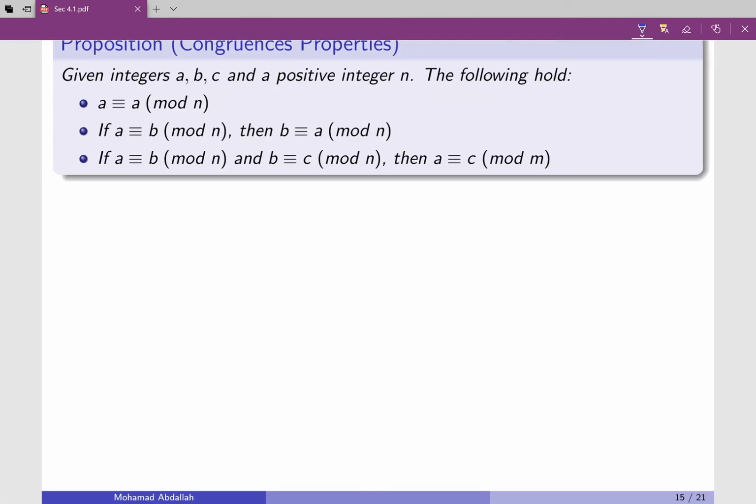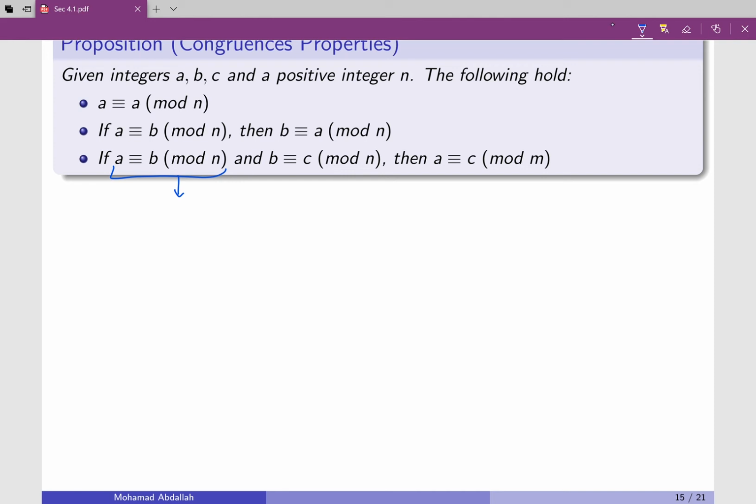If A is congruent to B mod n and B is congruent to C mod n, then A is congruent to C mod n. This is called the transitive property. Again, for this, you can use any of the definitions we gave.